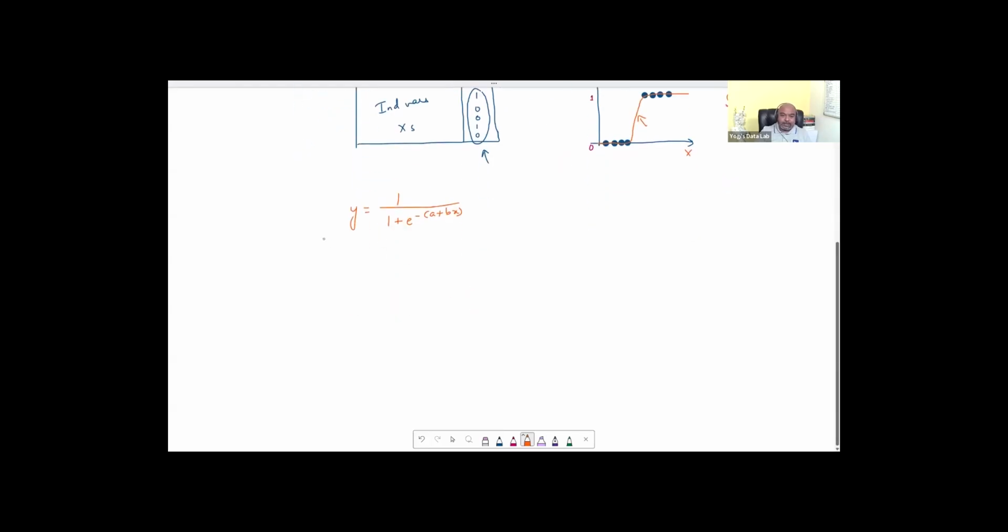When we solve this, I can say 1 upon y is equal to 1 plus e to the power minus (a plus bx).